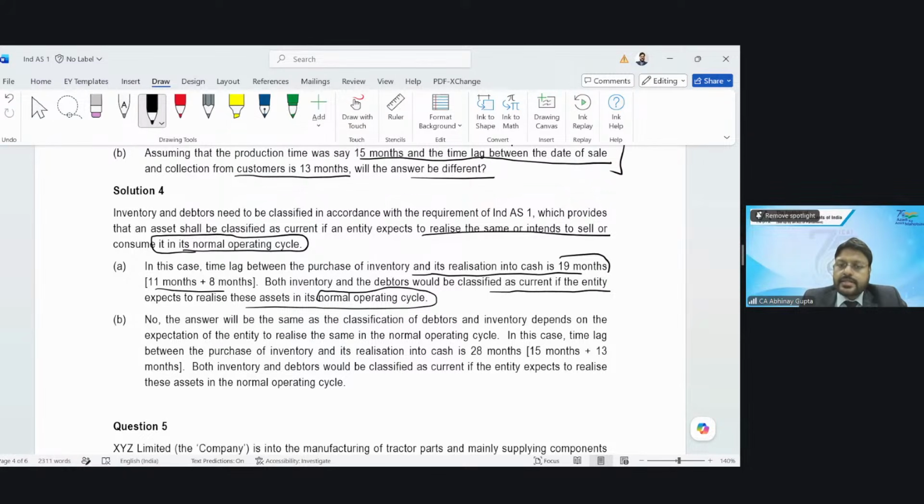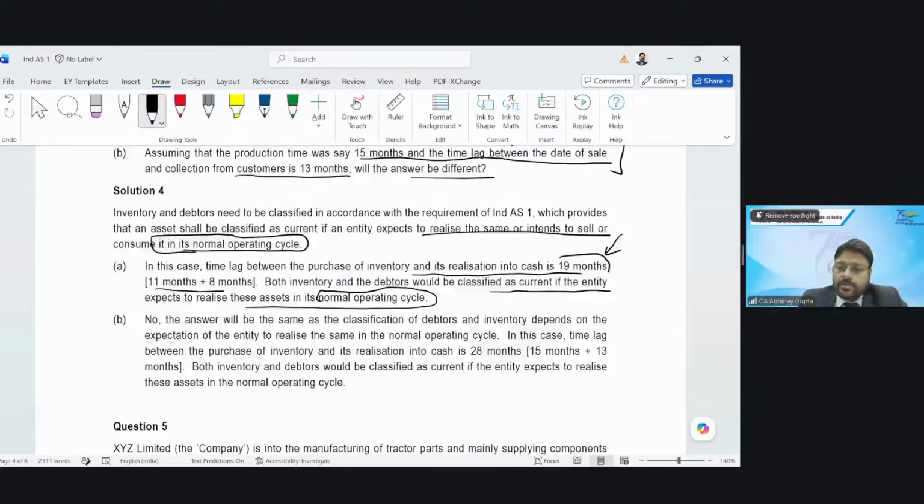So if the entity says that this is our operating cycle, and the realization is happening within that operating cycle, then inventory and debtors will continue to be classified as current. In situation two, the answer will be the same, as the classification of the debtors and inventory depends on the expectation of the normal operating cycle.